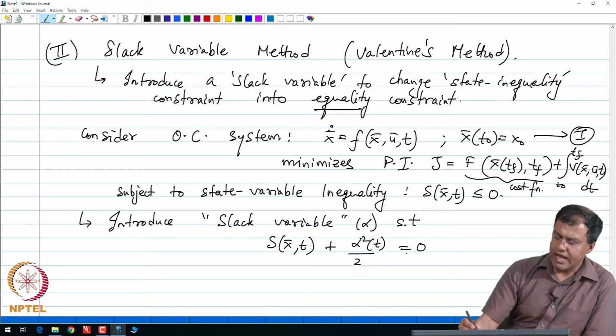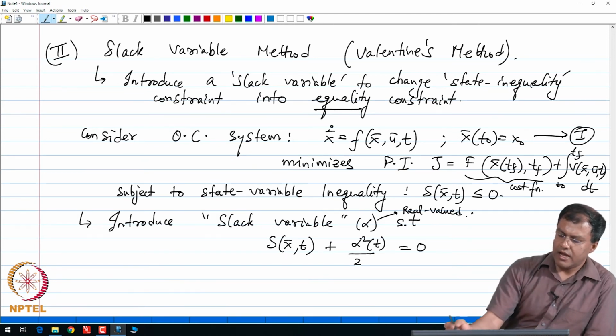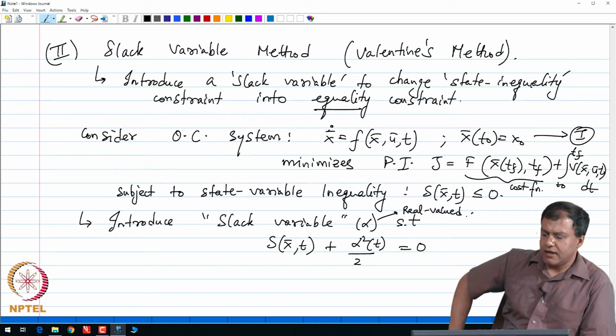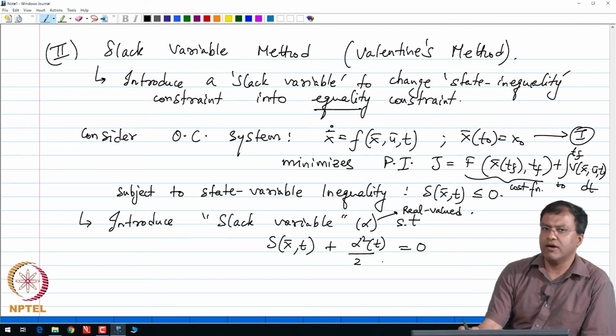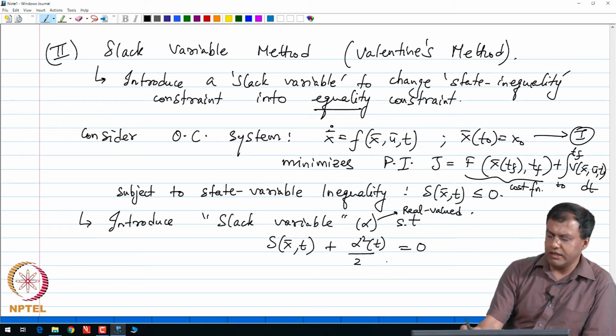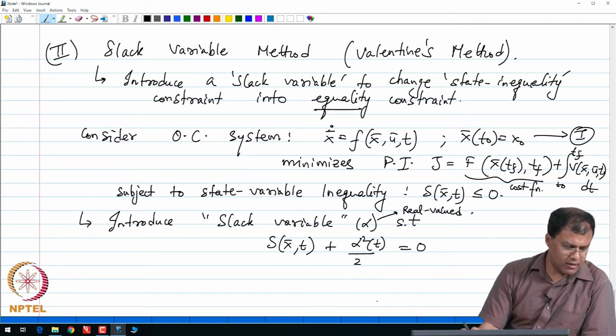Notice that alpha is a real valued function, and the square of alpha will always be positive, which means S is negative alpha square by 2, or S is less than 0, and equal to 0 only when alpha is 0. So, certainly this new equality satisfies the original inequality with this new variable, right.